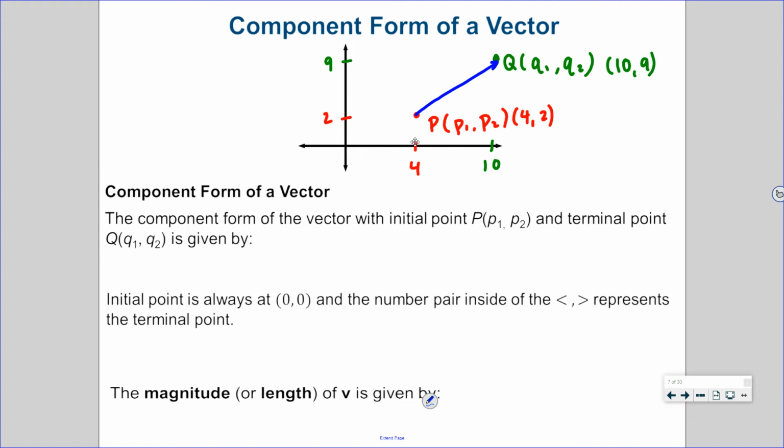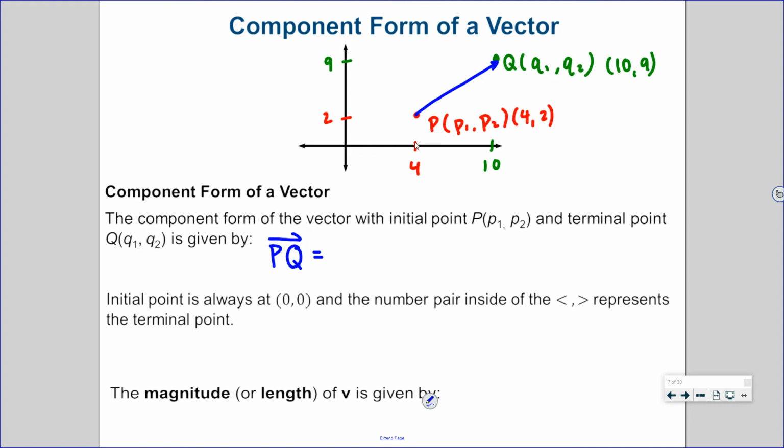So the component form of a vector uses what I call angled brackets, or they look like inequalities. So we have my vector PQ here.